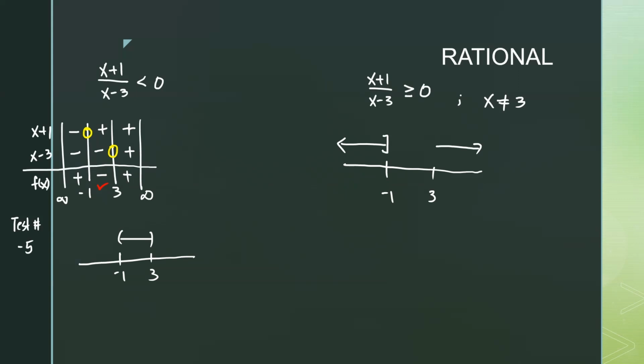Can I safely say there's a bracket there? But am I correct in saying that the 3 cannot be bracketed because 3 is not allowed? Am I correct in saying this? So, this one is just a parenthesis. So, again, this is -infinity to -1, bracket, union, parenthesis, 3 up to infinity. Okay?